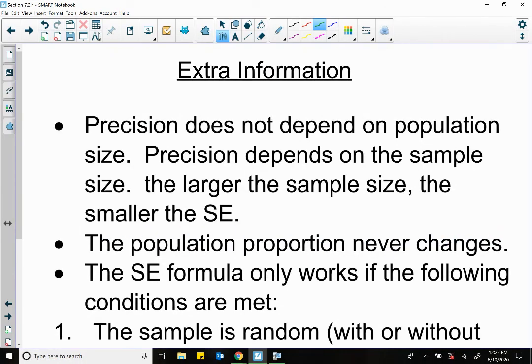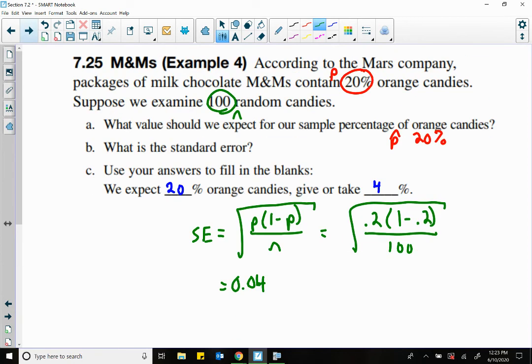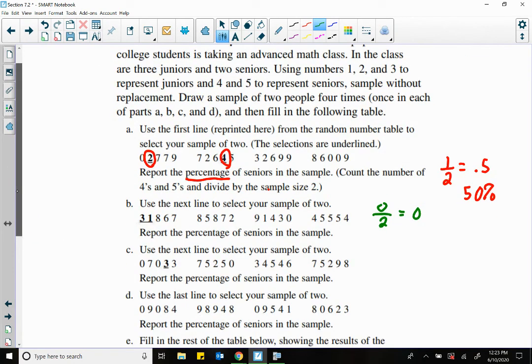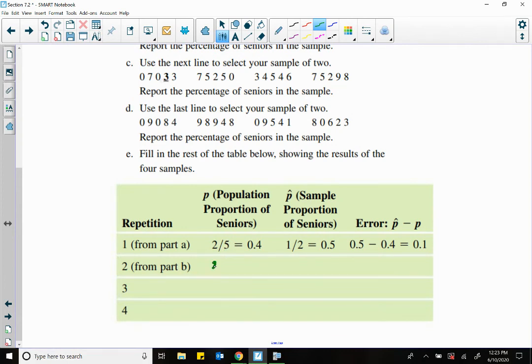So in this entire column right here, it's always 2 out of 5, which is equal to 0.4. Right here, we had 0 out of 2, which is 0. So if we take 0 minus 0.4, we get negative 0.4.